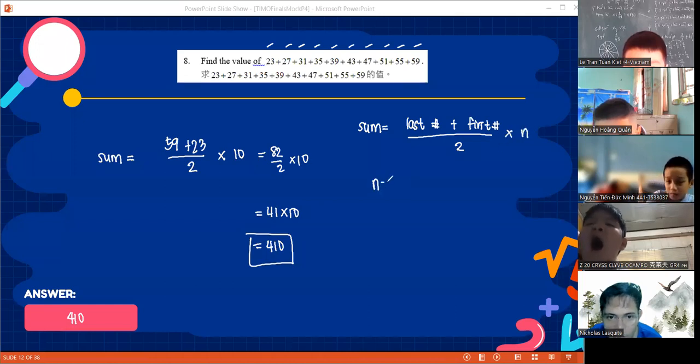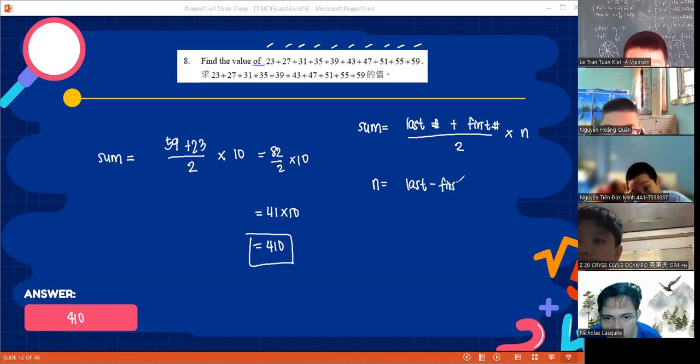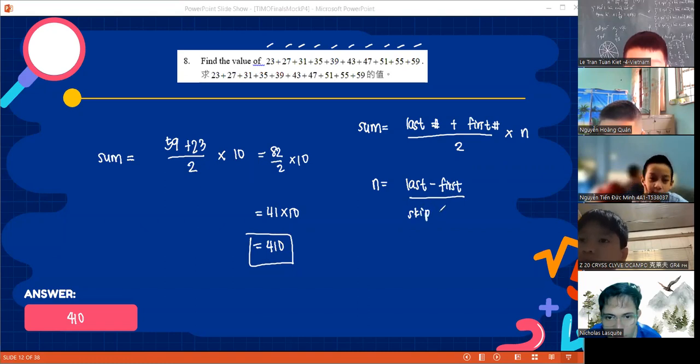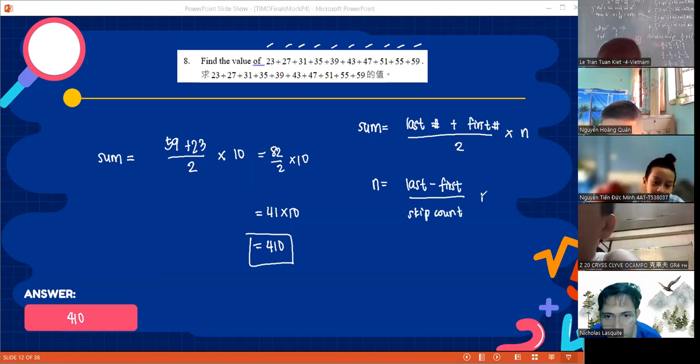The number of terms here is last minus first, divided by the skip count, then plus 1.